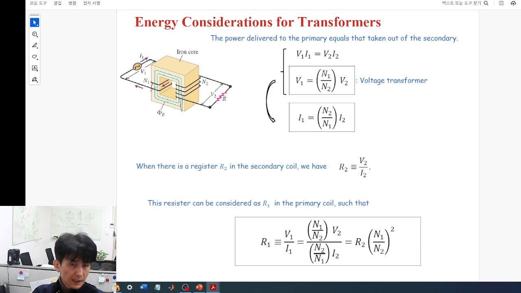If N1 is 2 and N2 is 4 as illustrated here, then V1 is 1 over 2 V2.